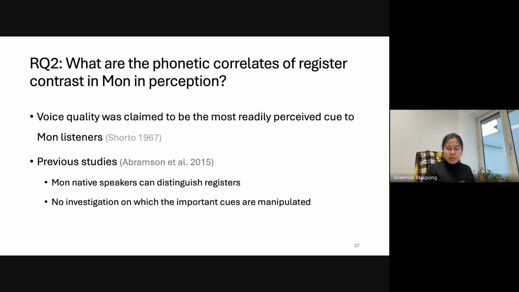There has only been one actual perception study of the language, in which they had recordings of MON speakers producing the 2 registers and asked MON native speakers to distinguish them. There was no investigation of which is the important cue that MON listeners relied on to distinguish registers. So nothing got manipulated in that, which leads us to our study here.